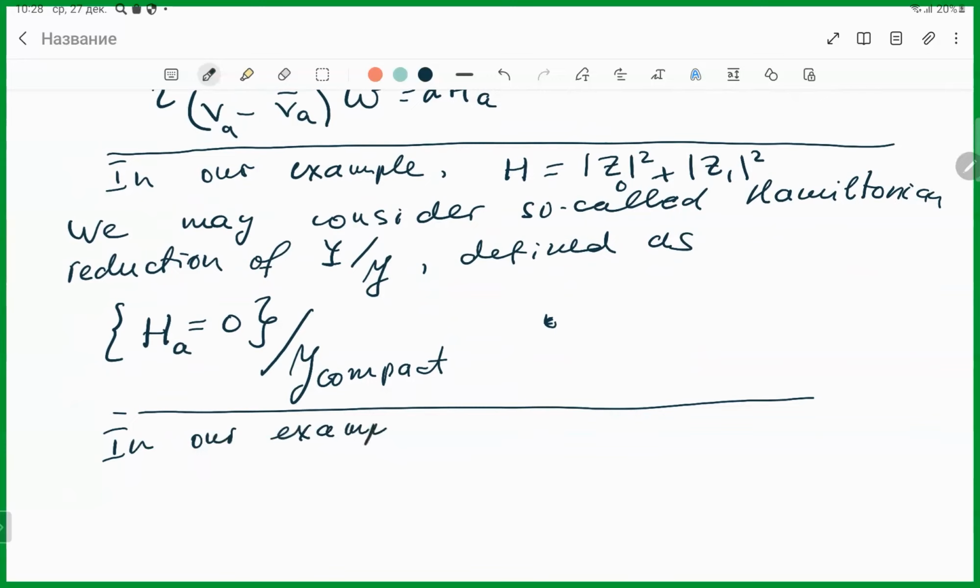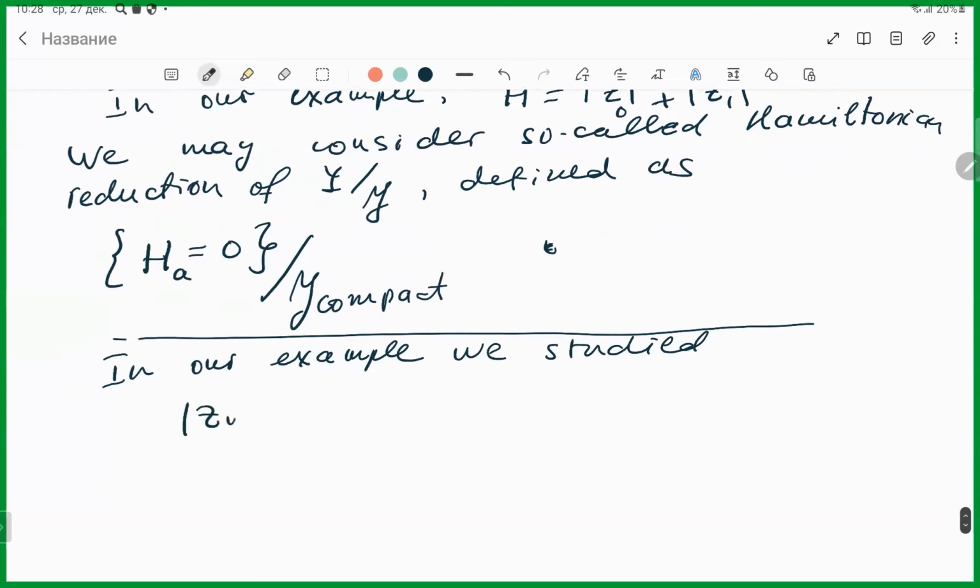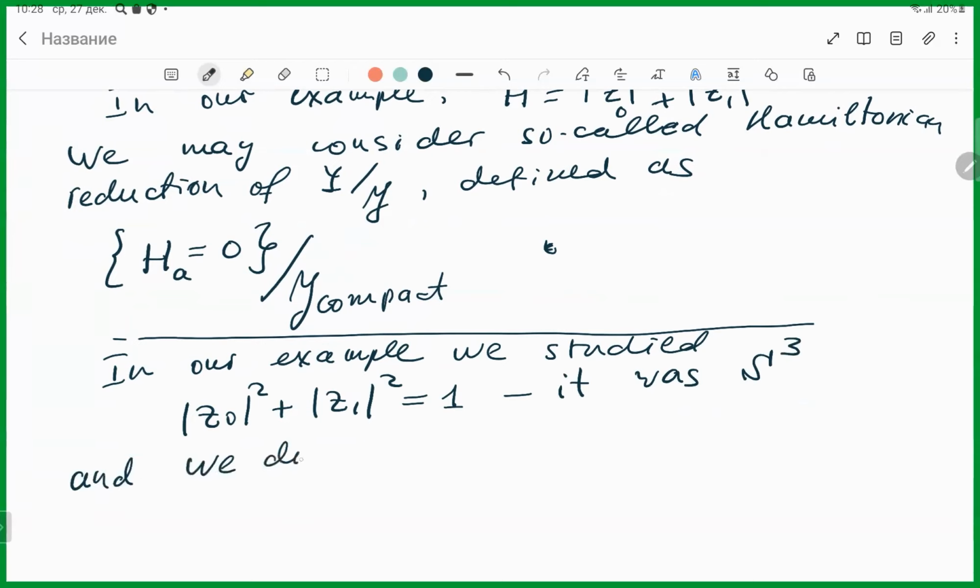In our example, we studied the model z naught squared; it was S3 and we divided by the action of U1.